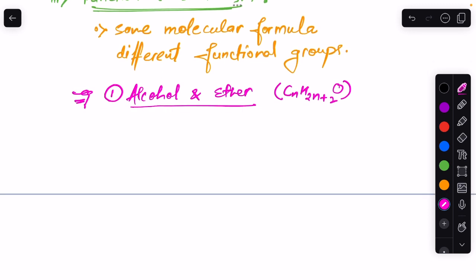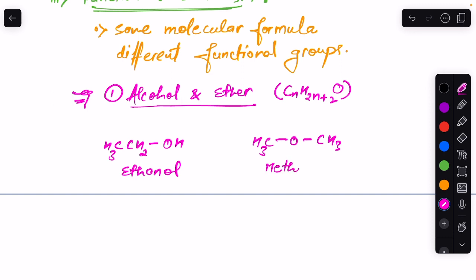Let's say we have CH3CH2OH. This is eth, single bond, ane, and alcohol, that is ethanol, whereas it can be rewritten as CH3OCH3. This is dimethyl ether, or as per IUPAC naming, methoxymethane.